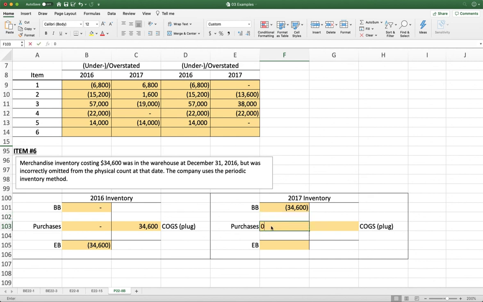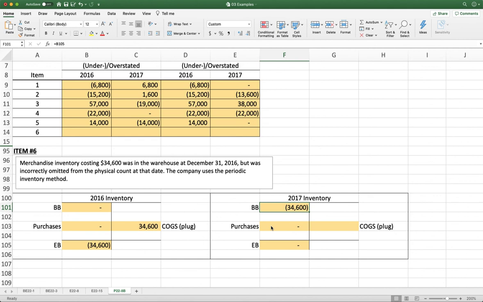Again, we're going to assume that our purchases are correct. We're also now going to assume that our ending inventory is correct because they didn't tell us that there was any more mistakes in our inventory counts. So now, when we go to do our cost of goods sold, we didn't know we had this inventory at the beginning of the year.